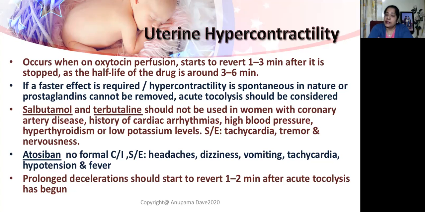Atosiban has no formal contraindications, however, it has many side effects like headaches, dizziness, vomiting, tachycardia, hypotension, and fever. So these should be identified and it should be used with caution in women who have these side effects. Prolonged decelerations will start to revert 1 to 2 minutes after acute tocolysis has begun.